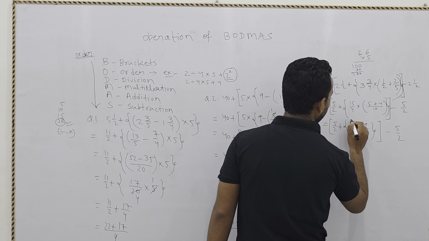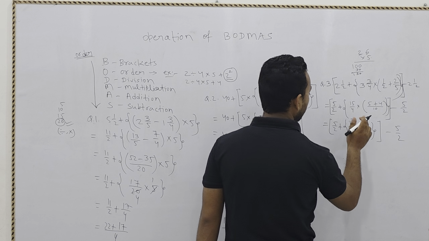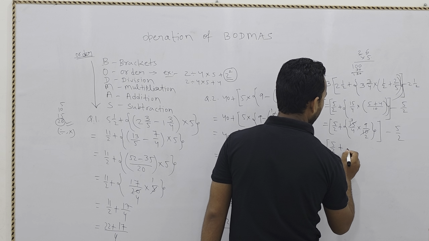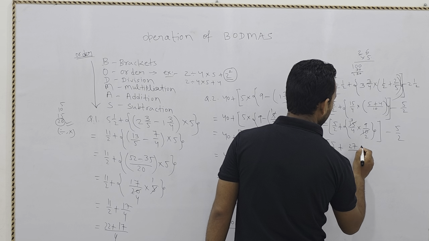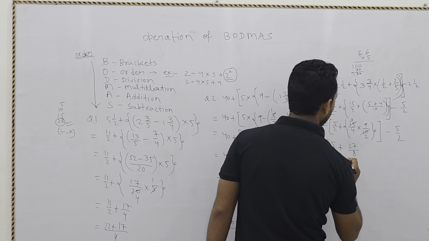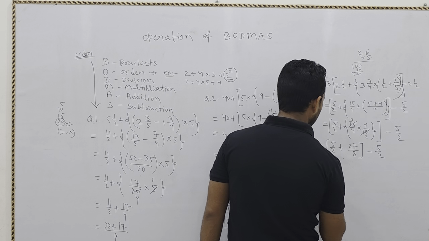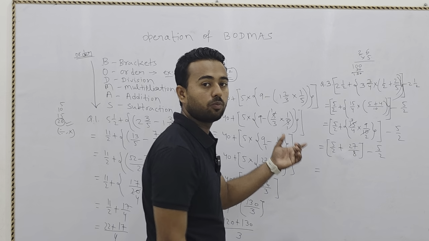In the table of 5, 3 times, in the table of 5, 2 times. Now it will not cut, so simply we will write ahead 3 times 9 is 27 by 8, bracket close, minus 5 by 2. So here again we will solve under the bracket according to this BODMAS rule.